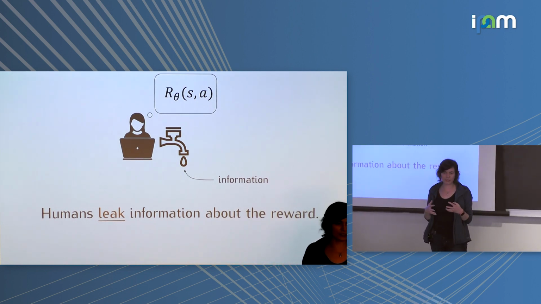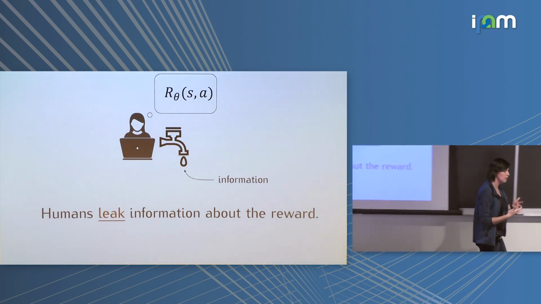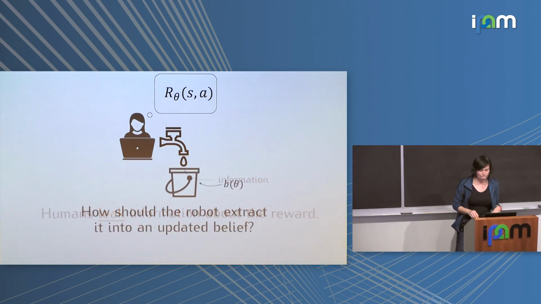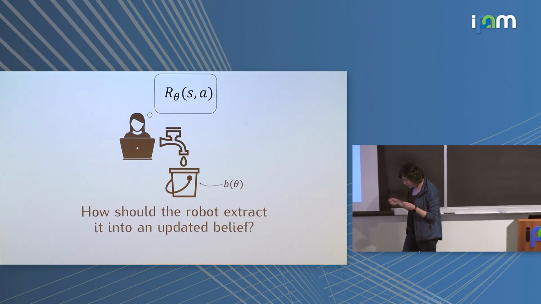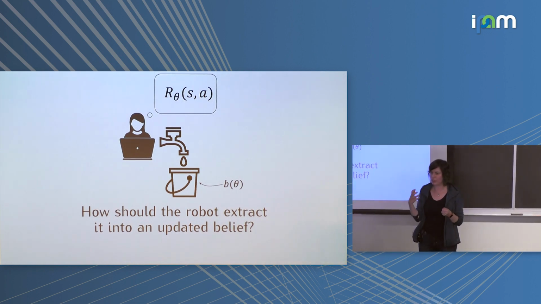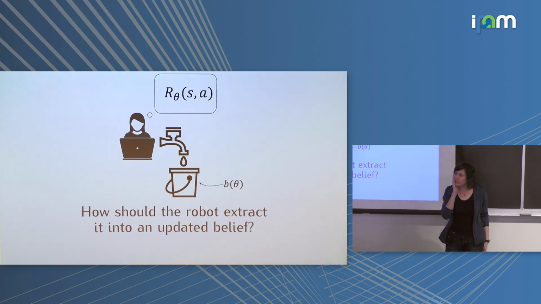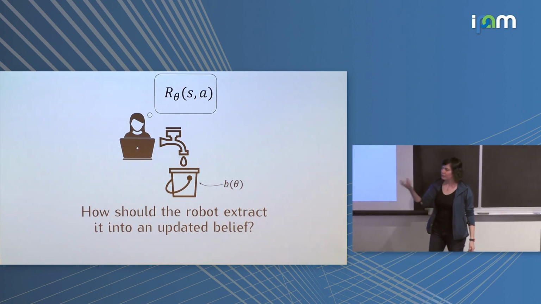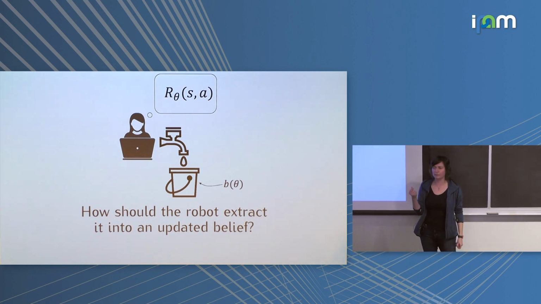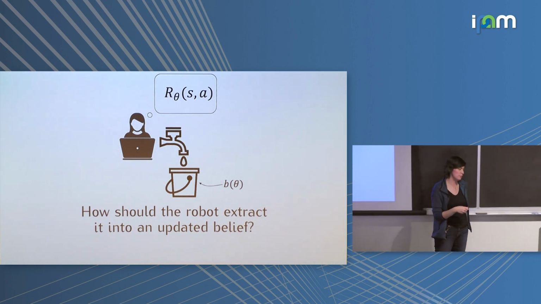And I think that there's this untapped opportunity of being able to read into this information and use it so that our robots can maybe compensate for stuff that we might not be able to think about ahead of time or specify ahead of time quite so well. And so this has been the question for me. It seems like there's a lot of information there in the environment, in human feedback, in human actions. How can we extract it? How can we take that as information and give it to the robot?